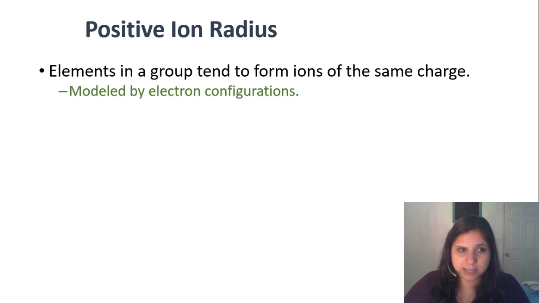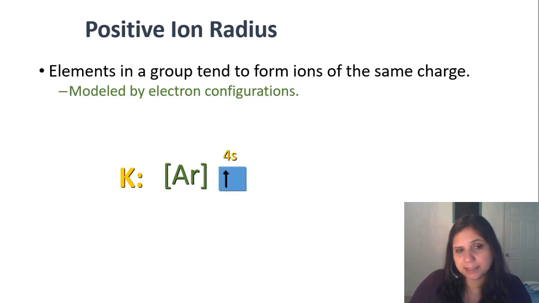In terms of the trend, elements in a group tend to form ions with the same charge, and this is modeled by their electron configurations. For example, everything in group 1A ends in s1. It has one electron in its last energy level, the s orbital.